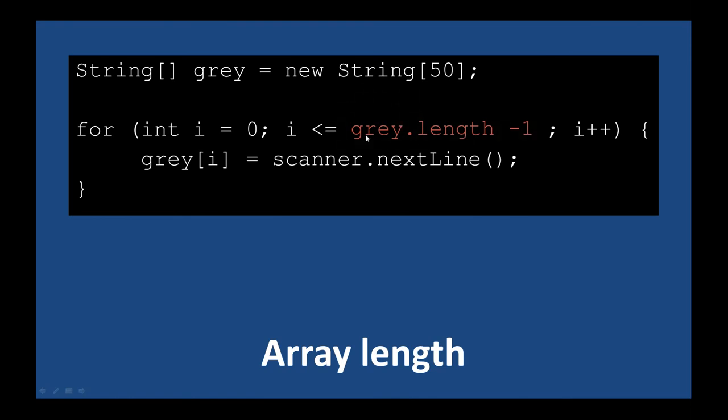Basically the name of the array dot length minus 1. So the length of the array basically is the number of elements in that array. So in this case, grade dot length will return 50 because this is the array of 50 elements, and it minus 1, so this will equal 49, and it's basically the same thing as the previous code.